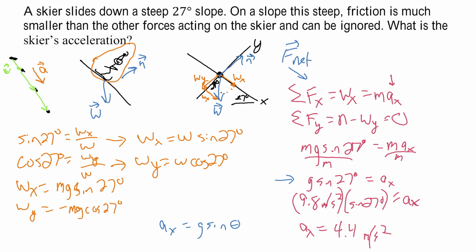It doesn't make any difference what the skill is. It only depends on what gravity is and what the angle is. Take away all the friction, and this is your maximum acceleration. It's kind of an interesting result, I think. I would have thought you would have been a little faster for the 27 degree. No, it's actually, that's it. So there you go. Kind of a very interesting deal, I think.